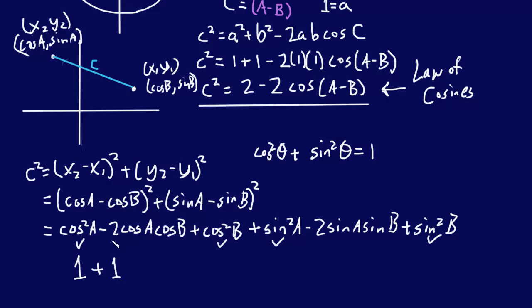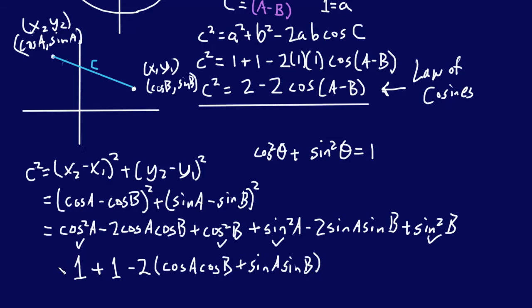And then we have these final two terms here, negative 2 cosine A cosine B and negative 2 sine A sine B. And we can actually factor out a negative 2 from both of those terms. And we are left with cosine A cosine B plus sine A sine B, and that becomes positive because we factored out the negative 2.